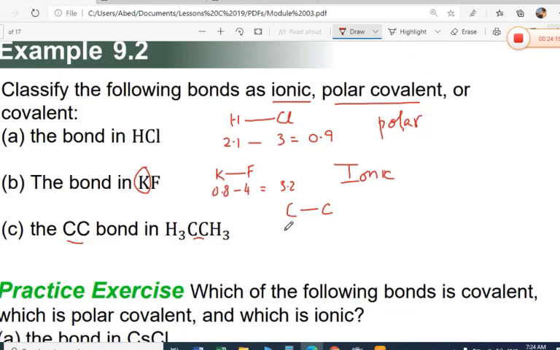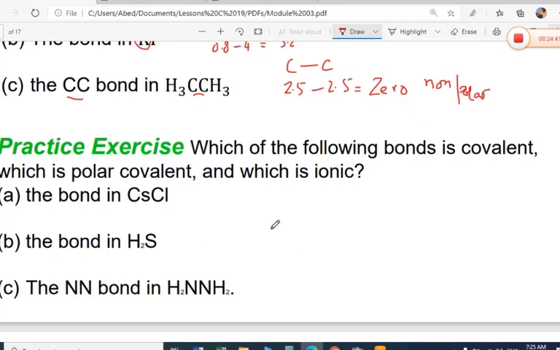So 2.5 minus 2.5 is equal to 0. So this is called non-polar according to the rule. The simple way: when the bond is between the same atoms, it will be non-polar.